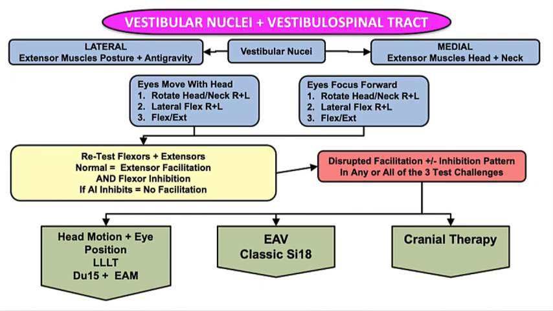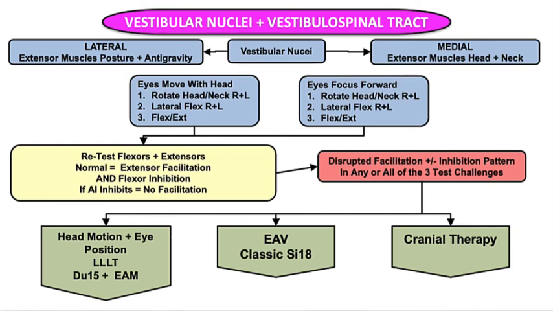Then we're going to complete the 3 different maneuvers with eyes open, then with eyes closed. So we're going to rotate eyes with head right to left, then retest flexors extensors, see if there's normal extensor facilitation and flexor inhibition. Then we're going to repeat rotation with eyes facing forward and fixed on an object, then retest head and neck flexors extensors.